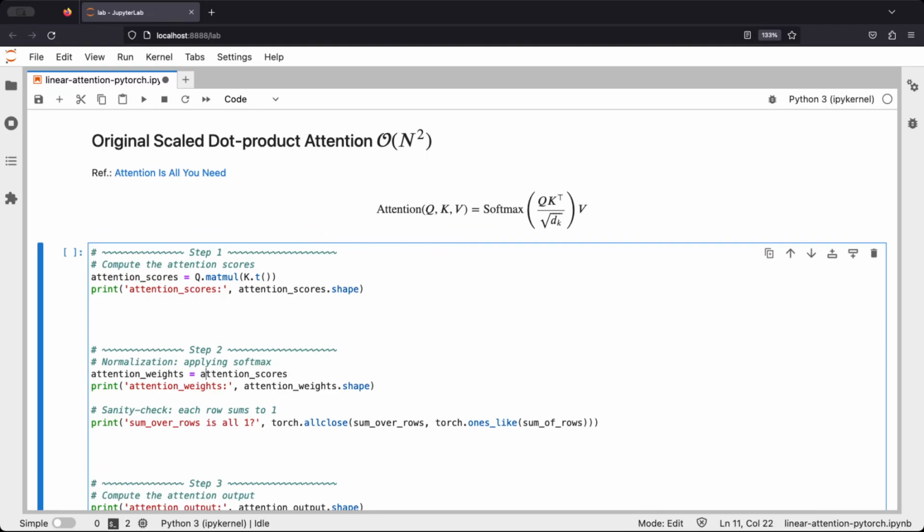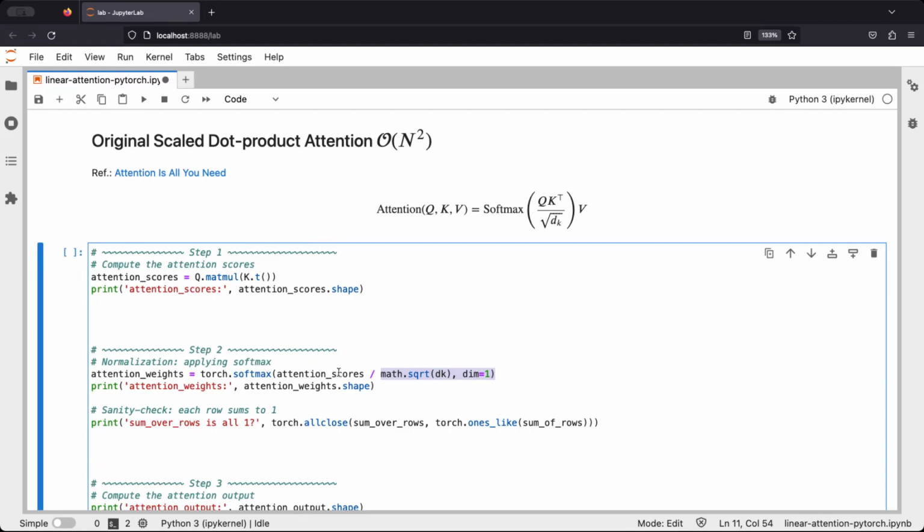We use torch.softmax on the attention scores, then we scale that using math.sqrt of dk. We also need to specify the dimensionality, since we want to apply softmax over the rows, so we say dim equals 1.